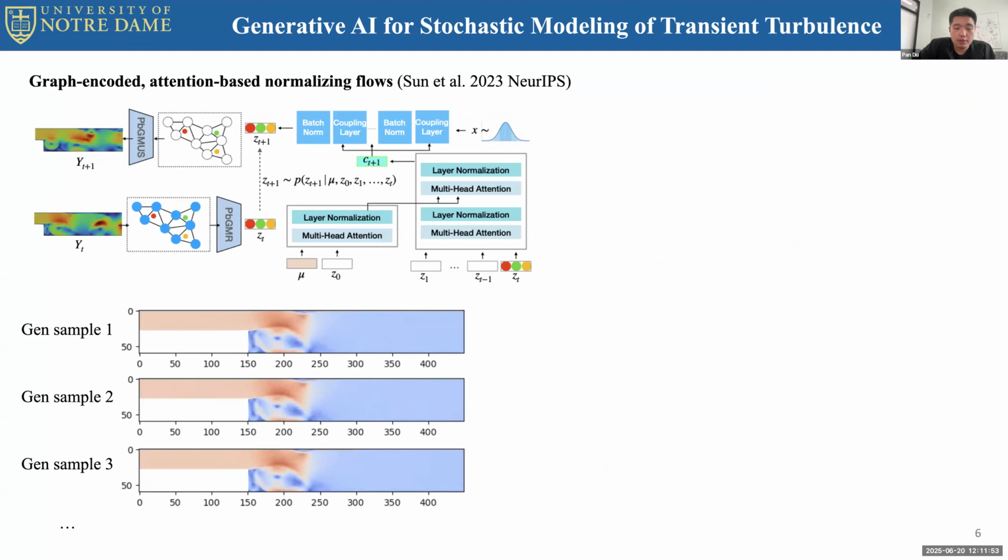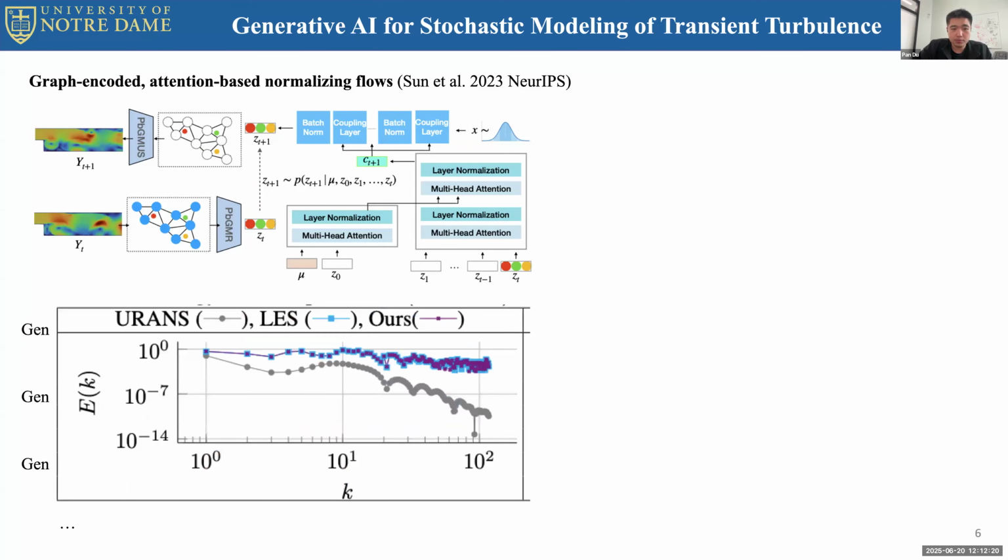For example, we previously used a graph encoder-decoder architecture accompanied by a transformer to learn the spatial-temporal dynamics of turbulence. You can see that those different realizations of this backward step flow have different flow fields, of course, but they are all realizations of this probability distribution.